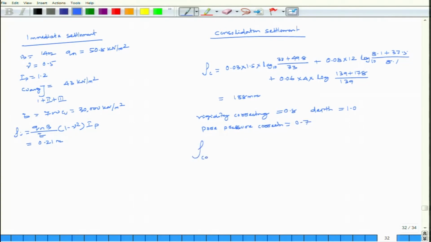So, rho corrected consolidation settlement is 0.8 into 0.7 into 0.188, which comes out to be 105 mm. So, total settlement is equal to immediate plus consolidation, which is 126 mm, more or less it is the same as 125 mm, that means it is okay.